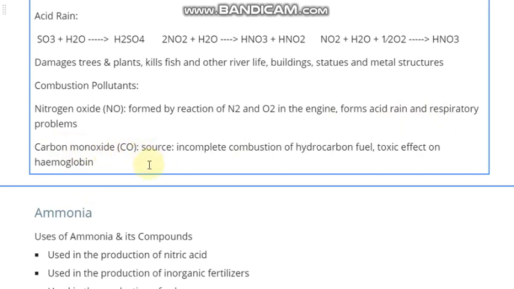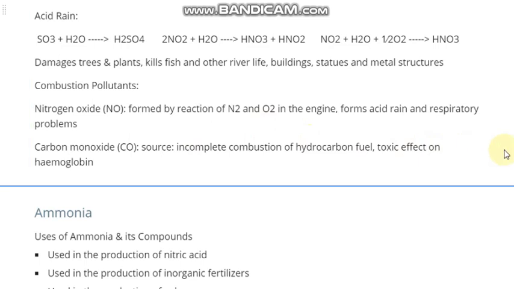Carbon monoxide is yet another polluting gas. It comes from incomplete combustion of hydrocarbon fuels, and it is generally toxic, and it has a bad effect on the hemoglobin in our blood.